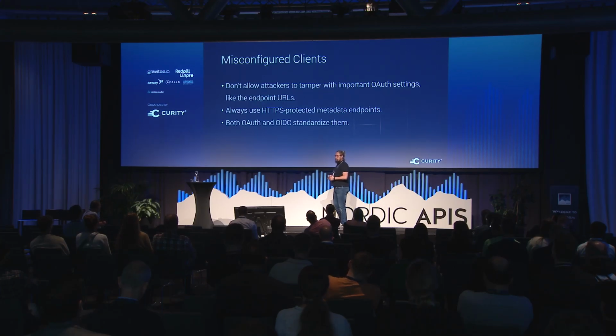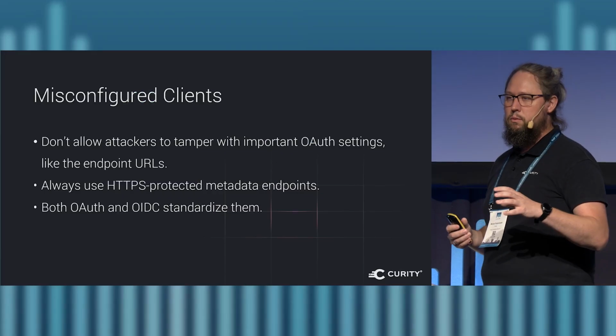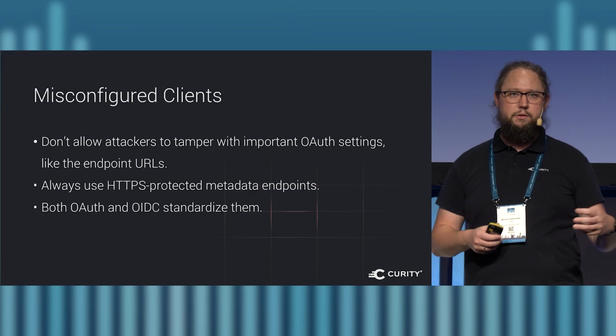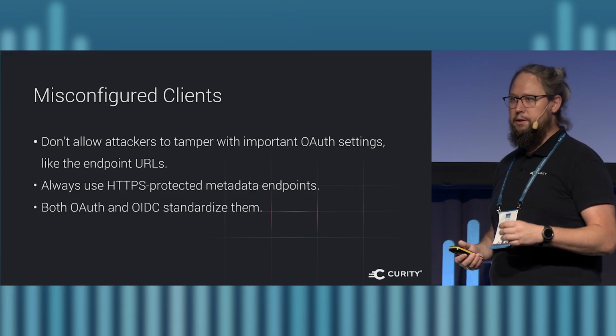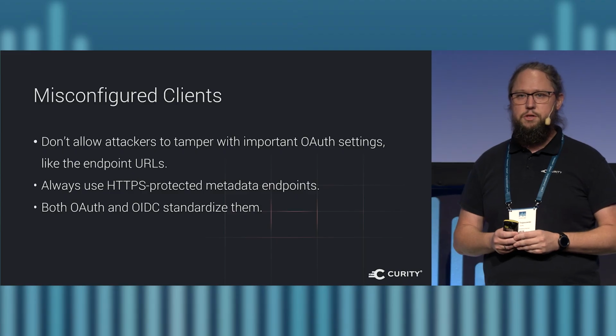There is an attack vector that FAPI addresses, where the attacker can misconfigure a client. You can have a situation where you manually put in, or hardcode in the client, the endpoints that the client uses to communicate with the authorization server.